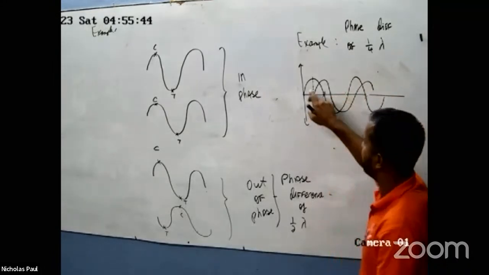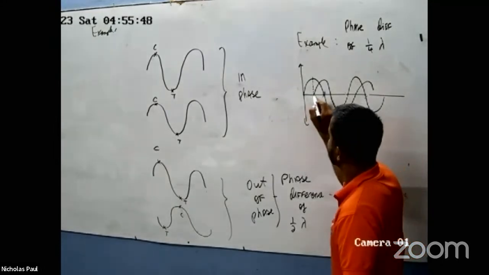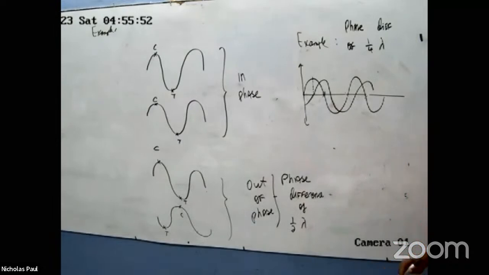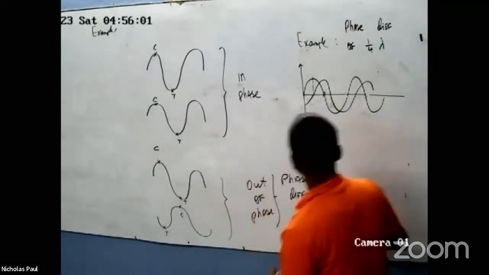And then you just start the wave like that. That's a quarter of a wave later. Everybody okay with that? See that? I'm just going to show you one more time.